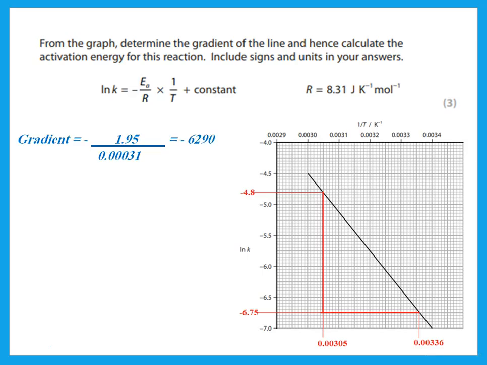So the gradient of this line is -6290. Remember that it would differ a little bit depending on which part you take, but it should be about this value. Then you can use that to get the activation energy: minus gradient times R. And remember that we divide by 1000 so that my answer is in kilojoule per mole.